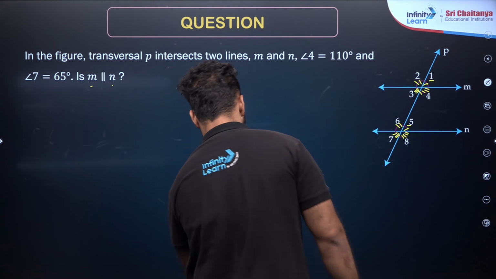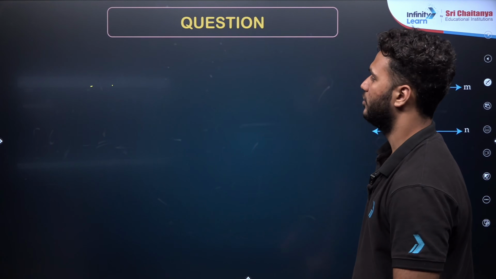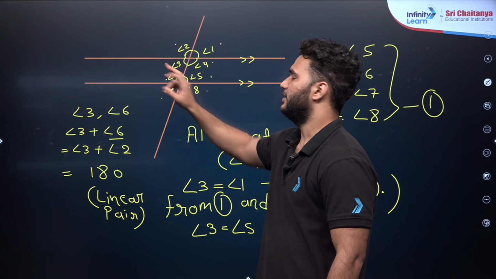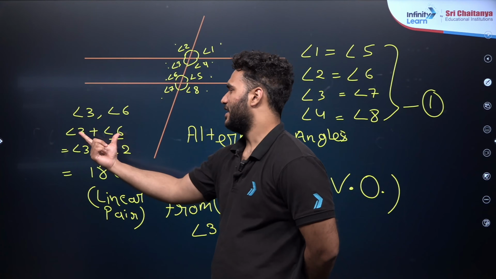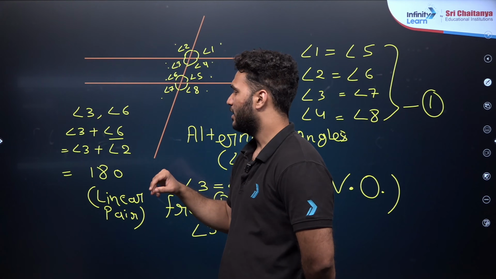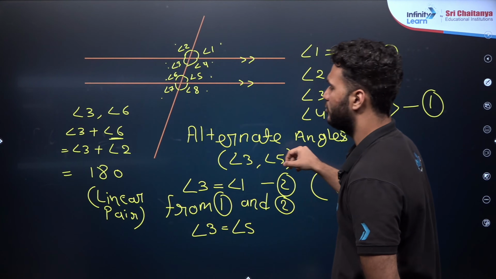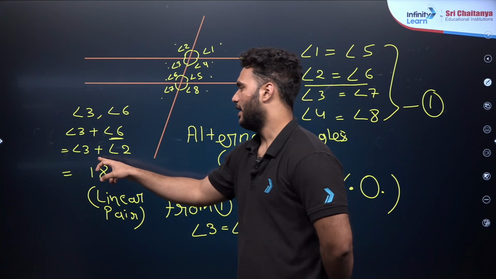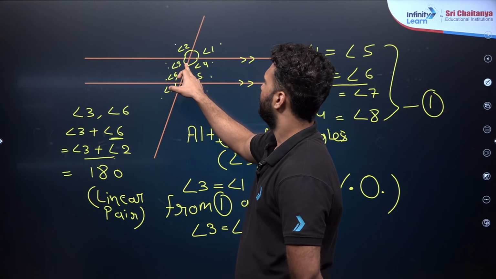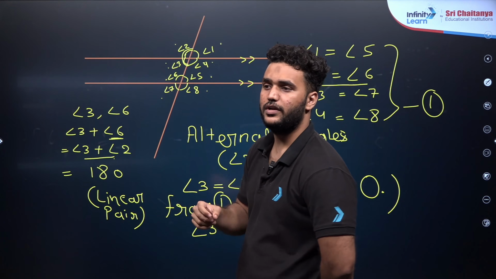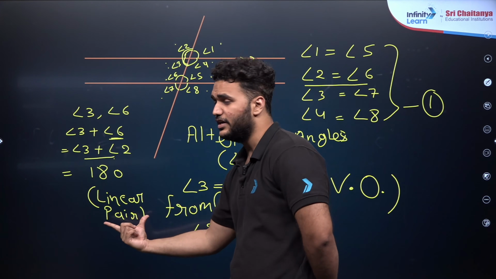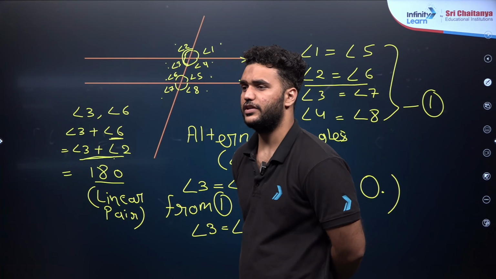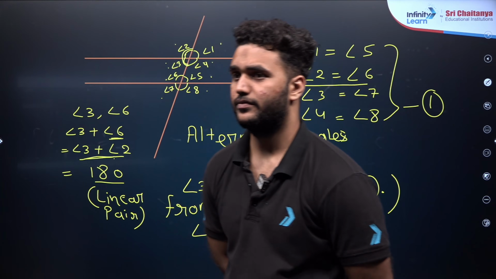Sum of co-interior angles: take any co-interior angle, 3 and 6. Add them, 3 plus 6. From equation 1, instead of 6 can I write 2? Why? Because 6 is equal to 2. Now see this, 3 and 2 are collinear, they are on a straight line and they are making a linear pair, so this sum must be 180. Now is it clear?